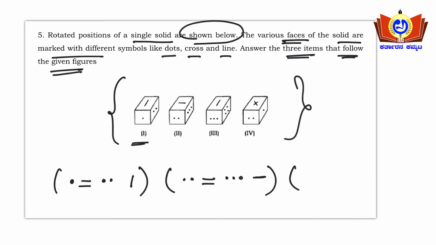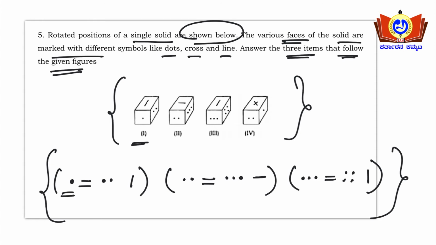In third figure, three dots are given and the adjacent figure is four dots and vertical line here. Okay, and see here, actually when you observe these three figures, my dear friends, one dot is there in the front face, and in the second figure two dots is there, and in the third figure the front face is having three dots here.